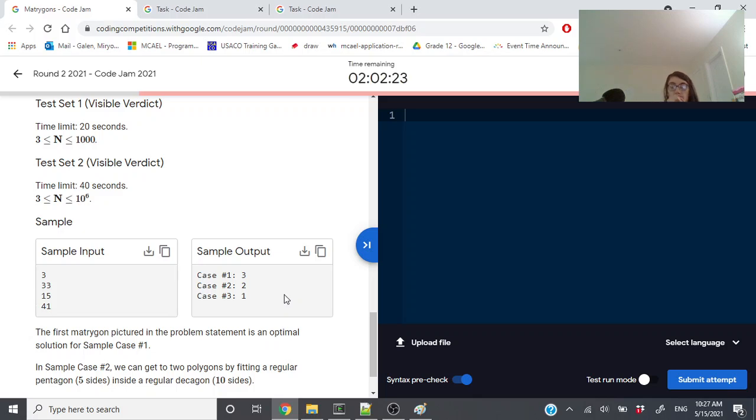So actually, we know what the smallest divisor is. Maybe it's like fixed. Maybe it's fixed. No, it can't be fixed.